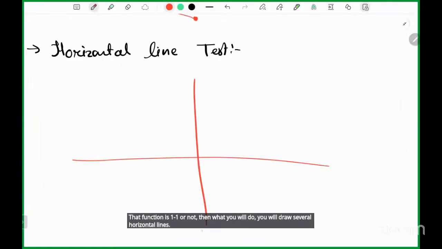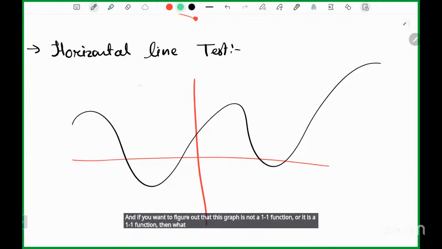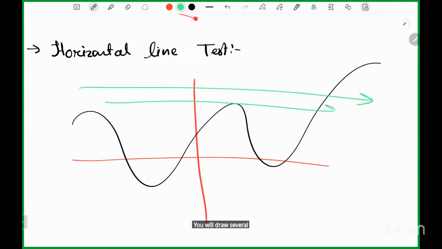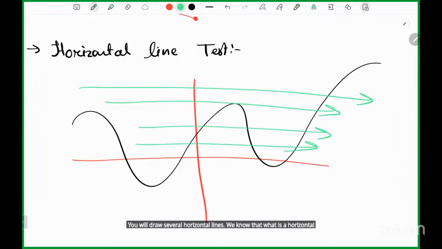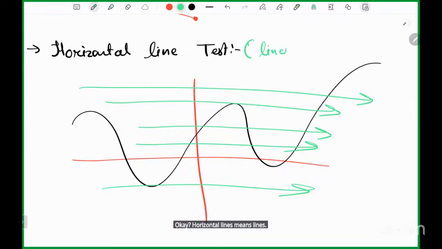Suppose this is the graph of the function you have. We know that horizontal lines means lines parallel to the x-axis, right? So you'll draw several horizontal lines.